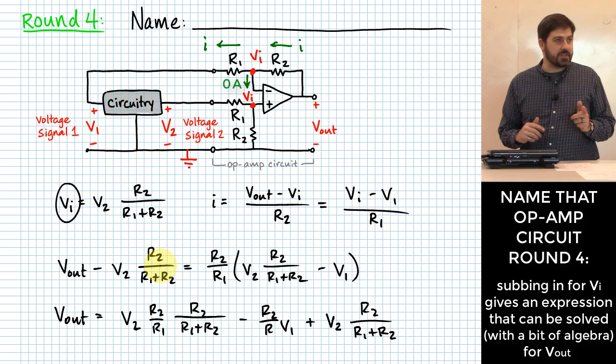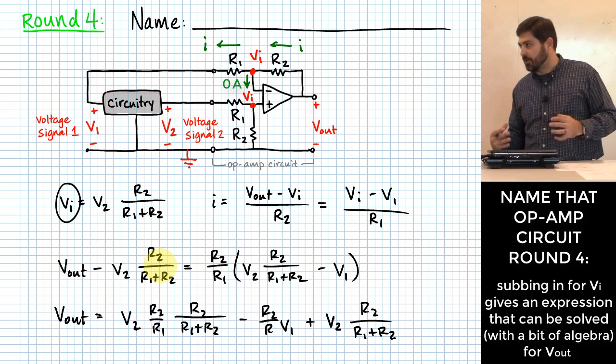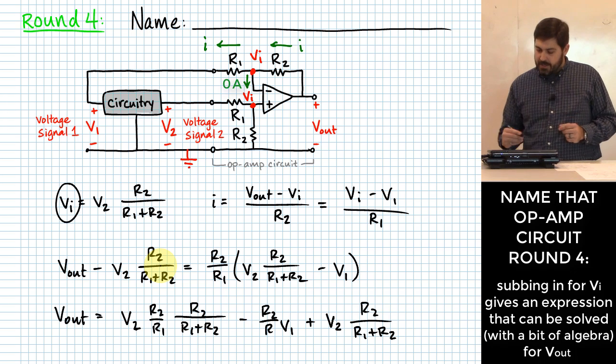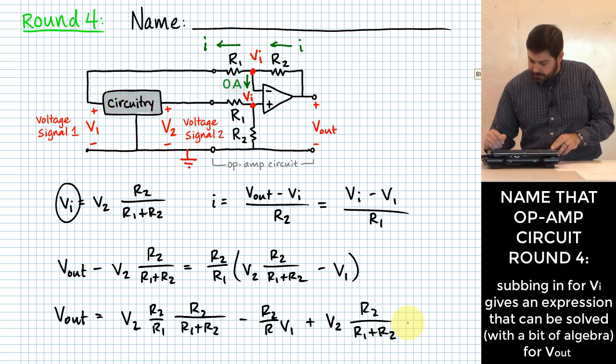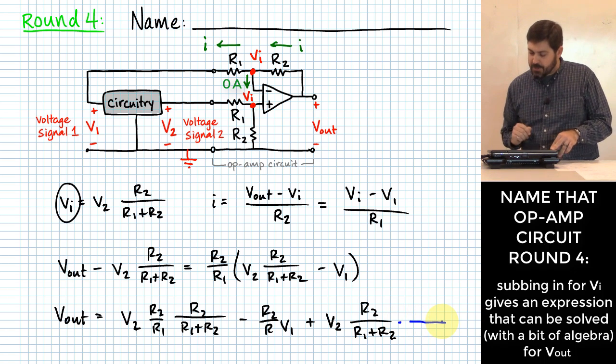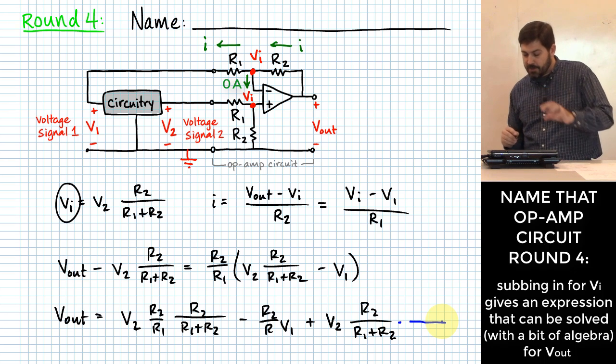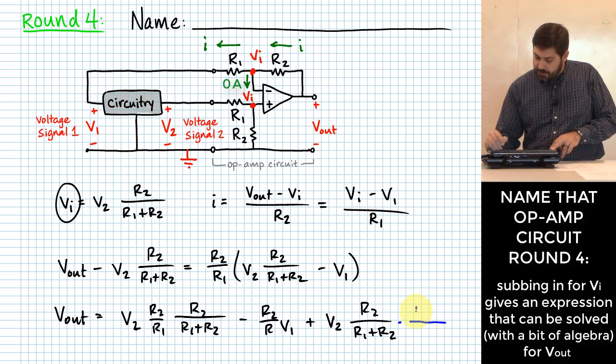Now, here's the strangest step of how to break this down better. You might say, I don't know why you're doing that, but go with me for a second. What if I take this fraction, R2 over R1 plus R2, and multiply by another fraction, R1 R2 over R2 times R1?